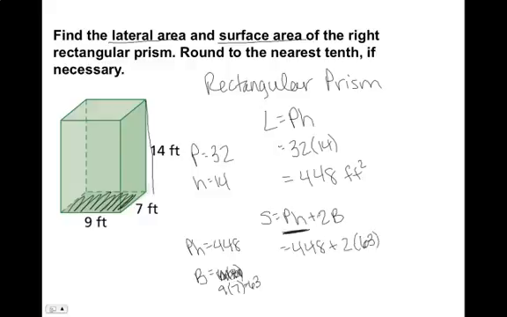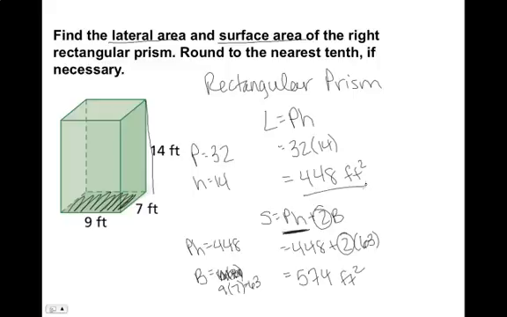I want to warn you, don't forget about this 2. It is very easy to leave it off, so double check to make sure you have the 2 in your formula. That's why it's so important to copy the formula down exactly as it shows on your formula chart. And when we add these together, you get 574 feet squared.